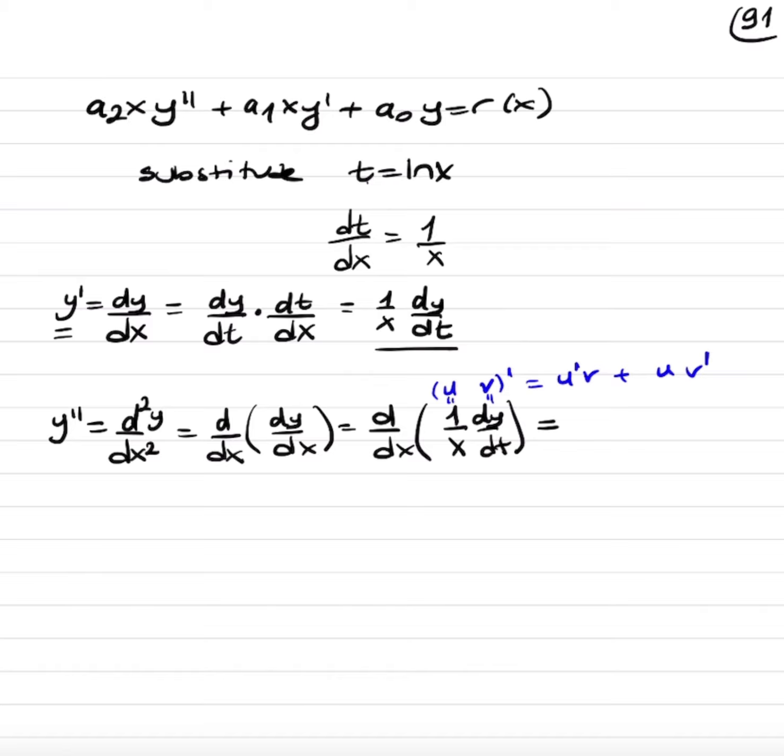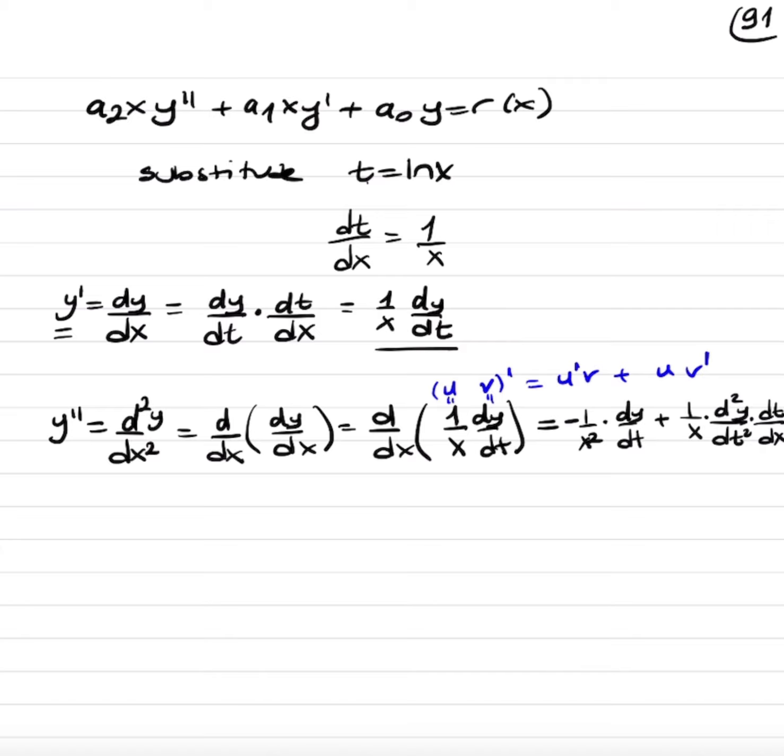What is the derivative of 1 over x? It is minus 1 over x squared times dy over dt, plus 1 over x times d^2y over dt^2 times dt over dx. So we need to be careful here, this is the chain rule.